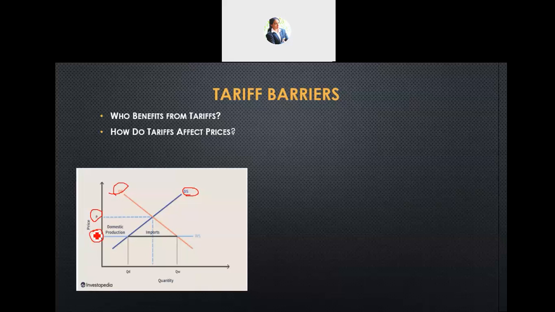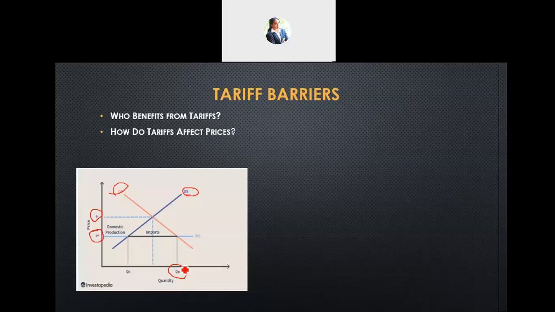Now, when this is the case, at the lower price, domestic consumers will consume QW worth of goods. That is to say, when there is a lower price, the people of the country would be using QW amount of goods.